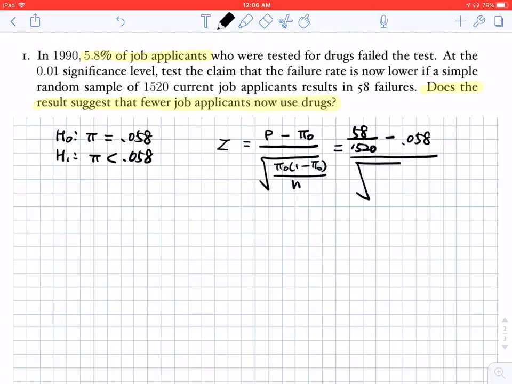Divided by the square root of pi 0, 0.058, times 0.942, which is 1 minus 0.058, over n, which is 1520. So you plug the values into the calculator, and you should have negative 3.31.